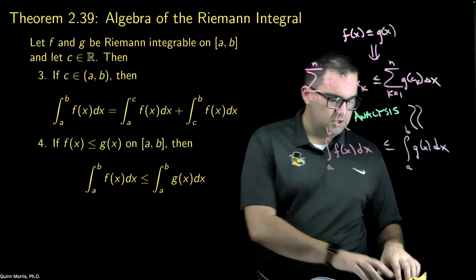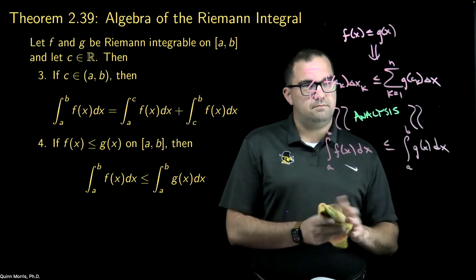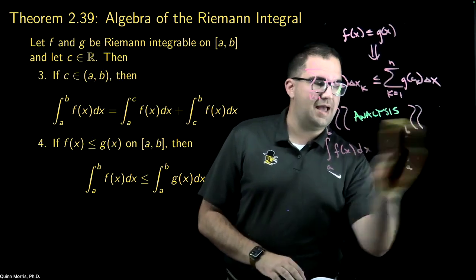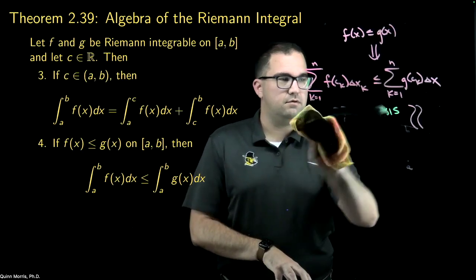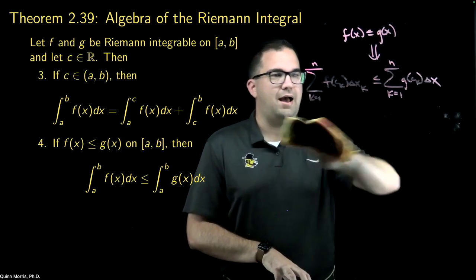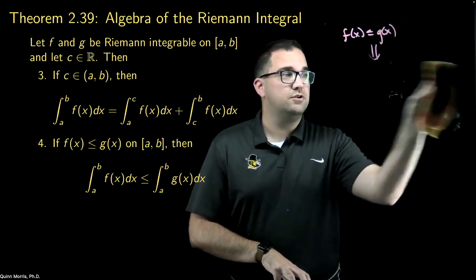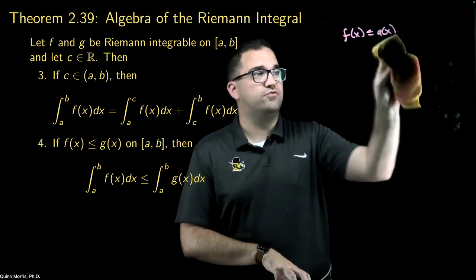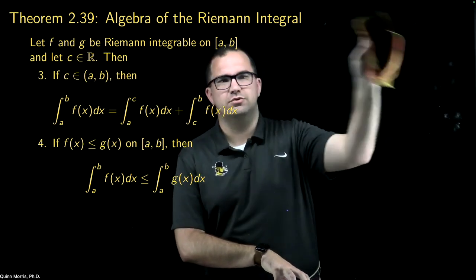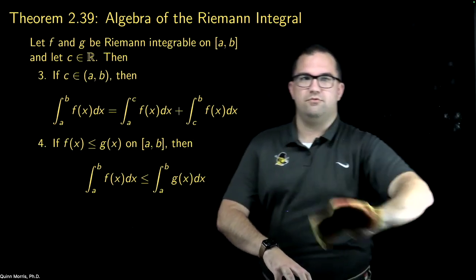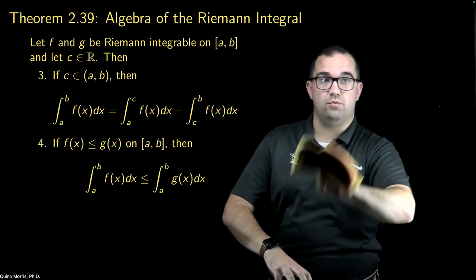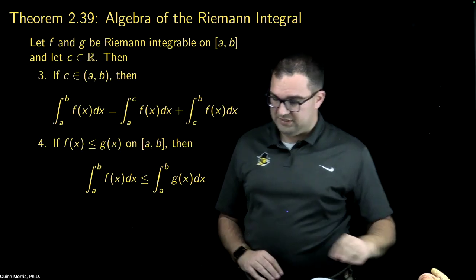So many times the depth comes from the analysis. It is often fairly trivial to show it holds for a sum. The real challenge comes in how do I prove that it works for the integral itself.